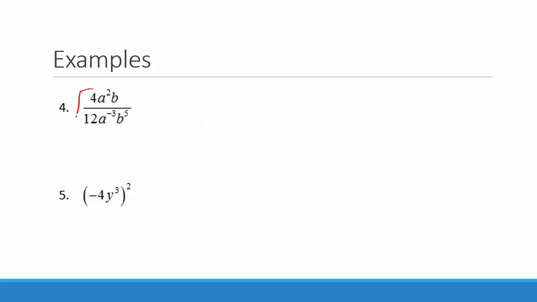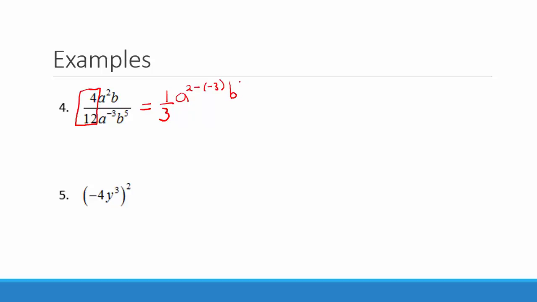In this example, we will first look at the coefficients as a fraction we need to simplify. 4/12. We can divide the numerator and denominator by 4, and we get 1 over 3. Now we have a quotient. When we have a quotient, we subtract the exponents, the top exponent minus the bottom exponent. A to the 2nd minus -3.